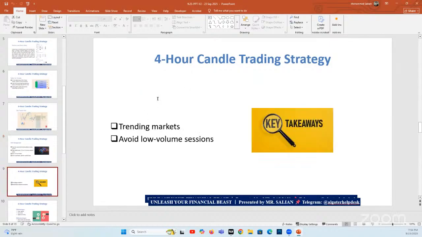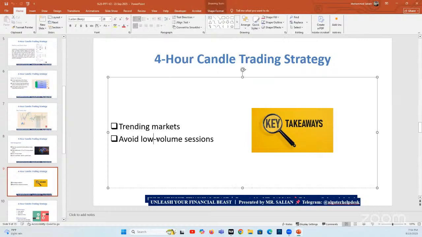Then trending markets. Avoid low volume sessions, yes, especially in Asia. This can be true, but not all the time, because this morning it gave me $1,000 as profit.